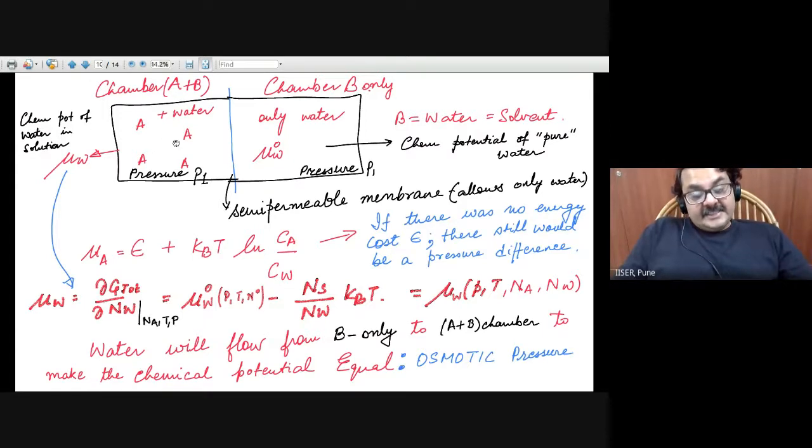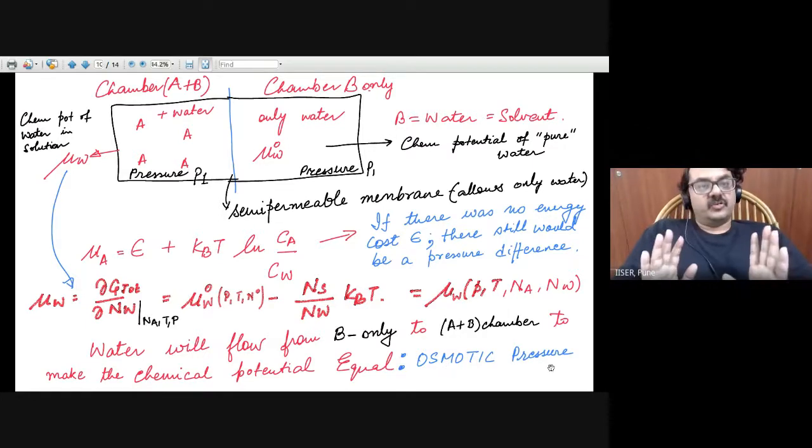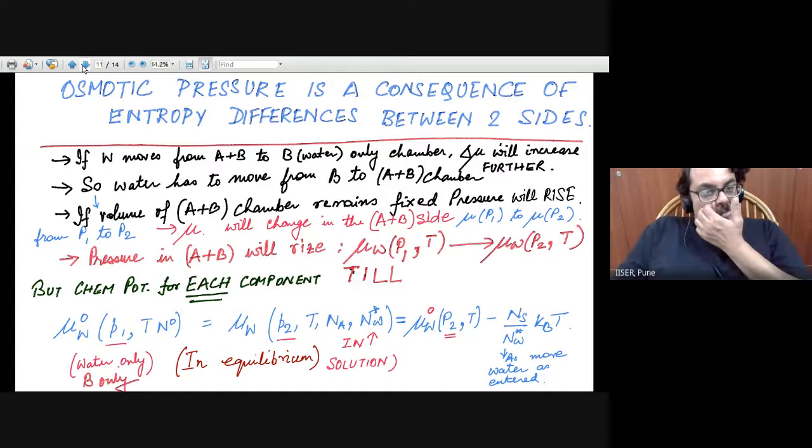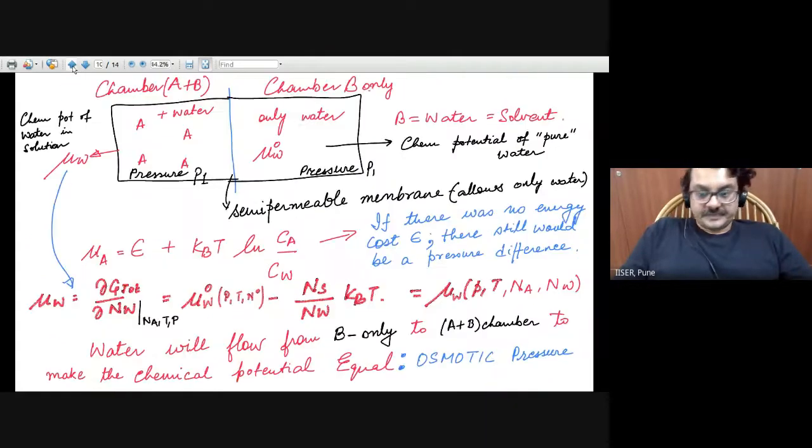And this difference in pressure, because there are more water molecules here, is the so-called osmotic pressure, right? So what I want to say is that osmotic pressure is a consequence of the entropy difference between the two sides, right?